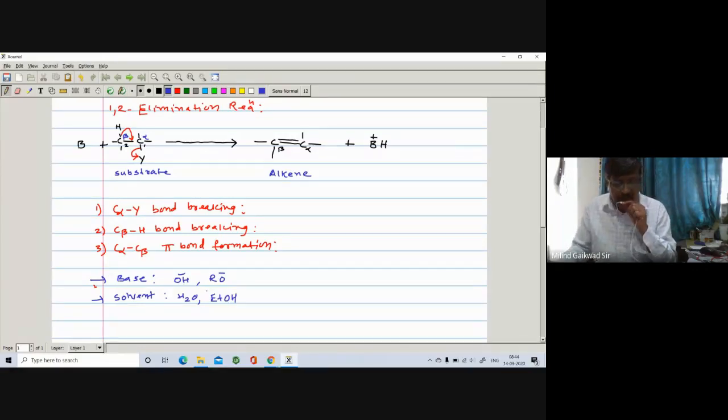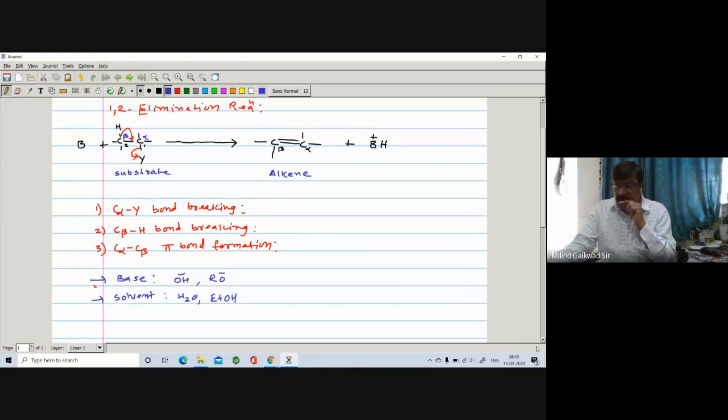So these are the solvents used for this. Here you will see that in 1-2 elimination reaction, these three processes take place. So bond breaking and bond forming take place. So this 1-2 elimination reaction we have seen in general.